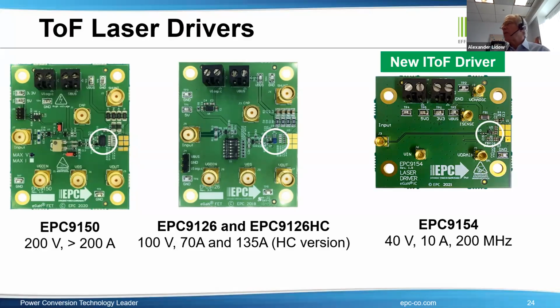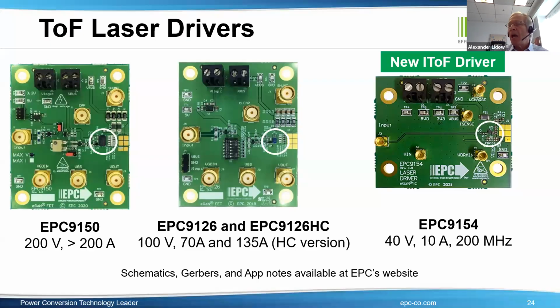The circle is circling the IC, and that interposer allows users to put any kind of a laser diode on there with very, very low inductance between that and the FET, so that you can test various different configurations of lasers. And of course, schematics, Gerbers, everything is available on the EPC website.